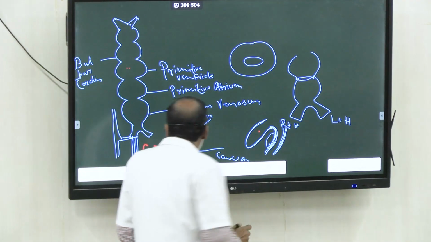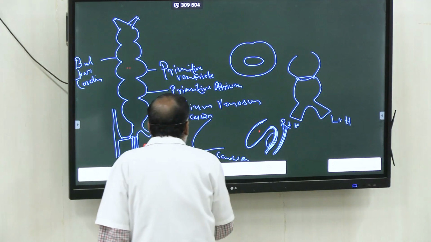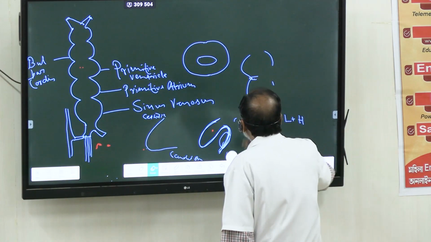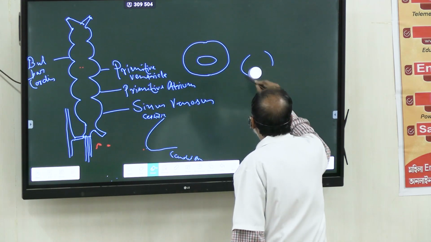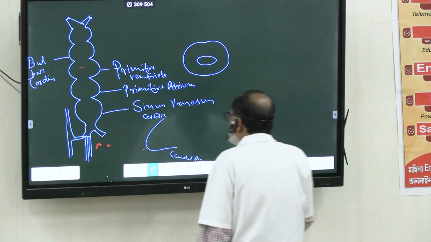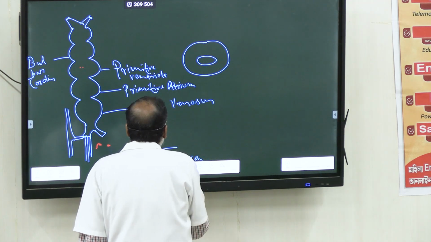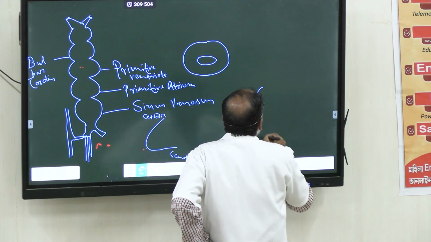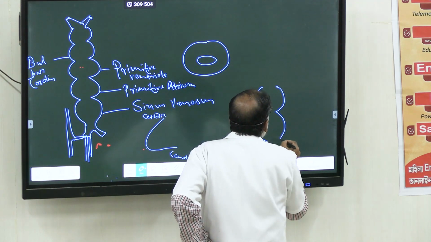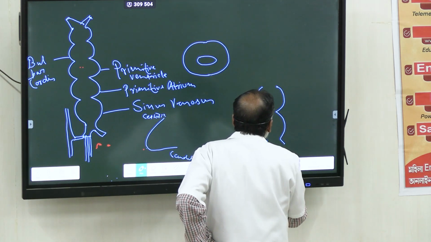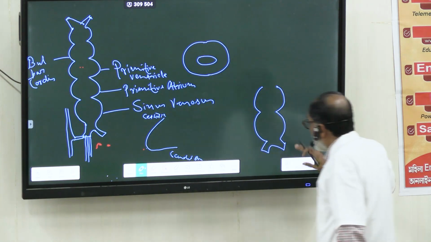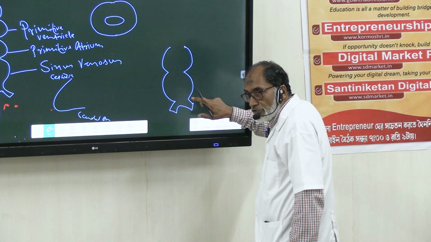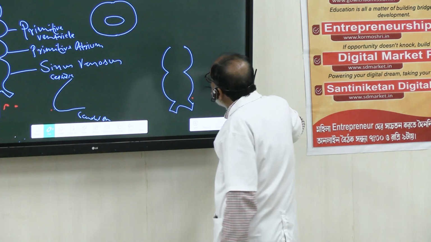Here you see this wall of the sinus venosus will go inwards.